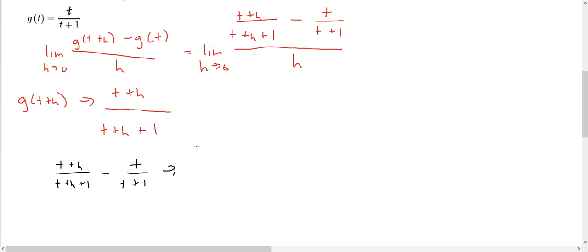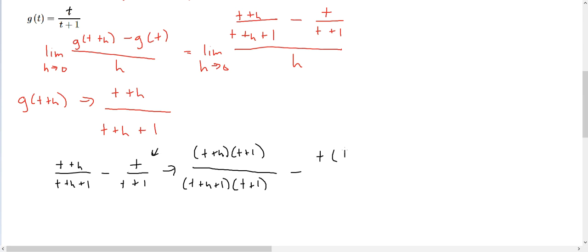So we're going to have t plus h times t plus 1, and our denominator is also going to be t plus h plus 1 times t plus 1. And then this left fraction, we're going to multiply everything by t plus h plus 1. So we're going to have t times t plus h plus 1 over t plus h plus 1 times t plus 1.